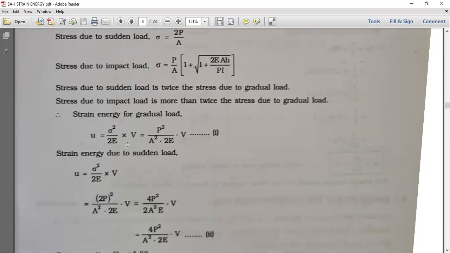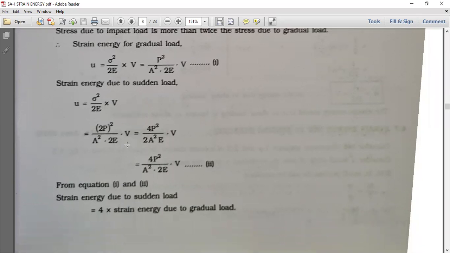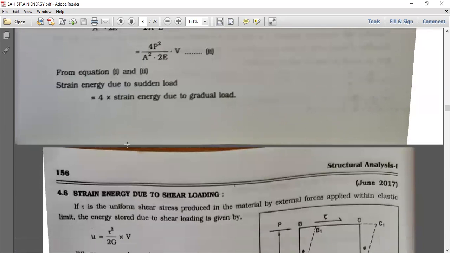Strain energy for gradual load, U is equal to sigma square upon 2E into V, which is also P square upon A square into 2E into V. Now, strain energy due to sudden load: U is equal to sigma square upon 2E into V. Putting in the values, we get 4P square upon A square into 2E into V. From equation 1 and equation 2, strain energy due to sudden load is equal to 4 times strain energy due to gradual loading.